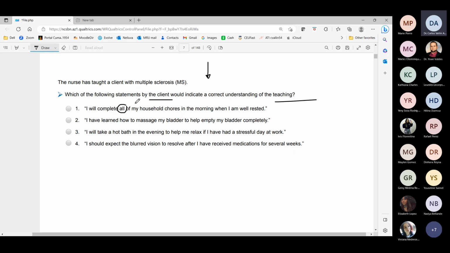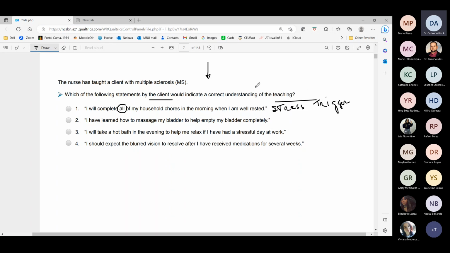This is stressful. Doing that is stressful because you are running short of time if you try to do everything in the morning. And stress and overworking is one of the triggers of those bouts or exacerbations, of those causes of worsening of the disease.